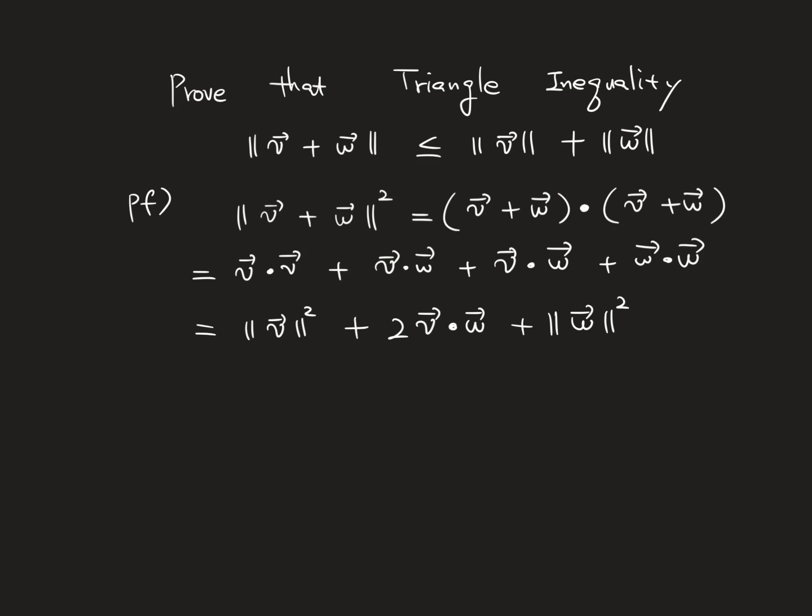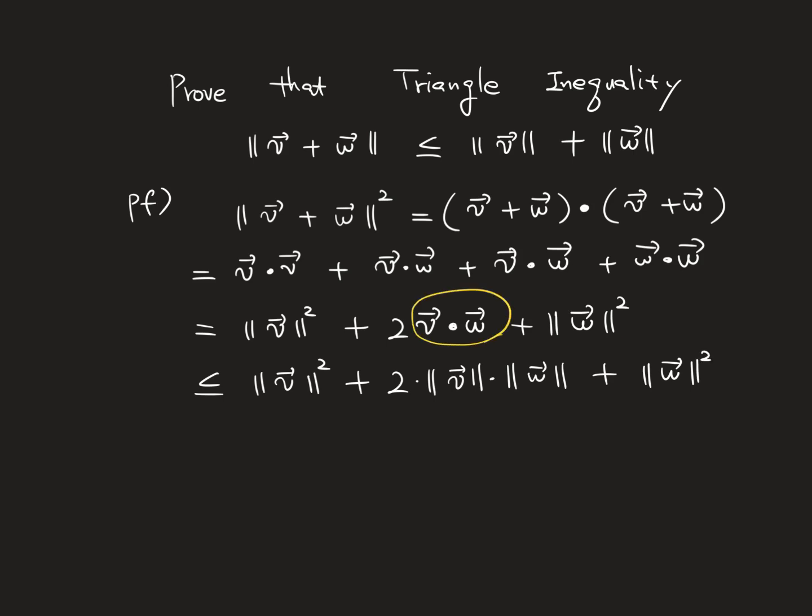But we know that this is less than or equal to, this is the same, but by Schwarz's inequality, we can change this to the product of norms. You see that we change this term using Schwarz's inequality, okay?